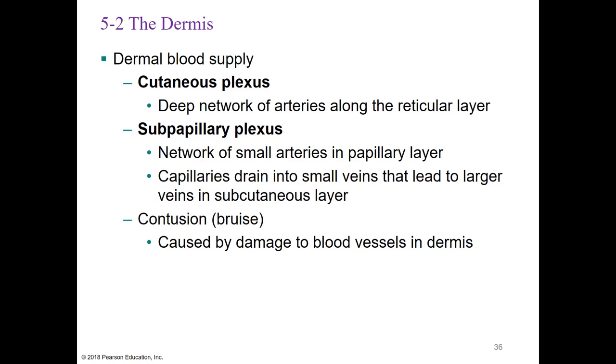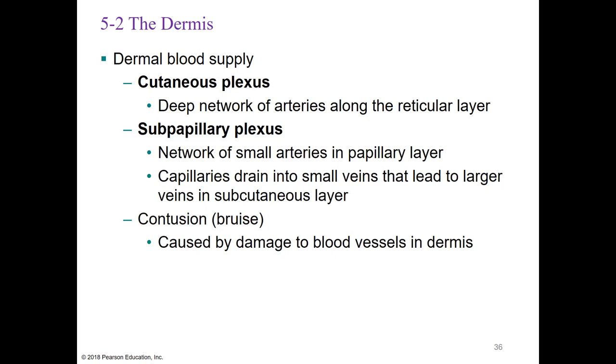Since the epithelial part of the skin, which is our epidermis, does not have blood vessels in it, it must receive all nutrients and oxygen by way of diffusion. The dermis is going to have a very rich blood supply.